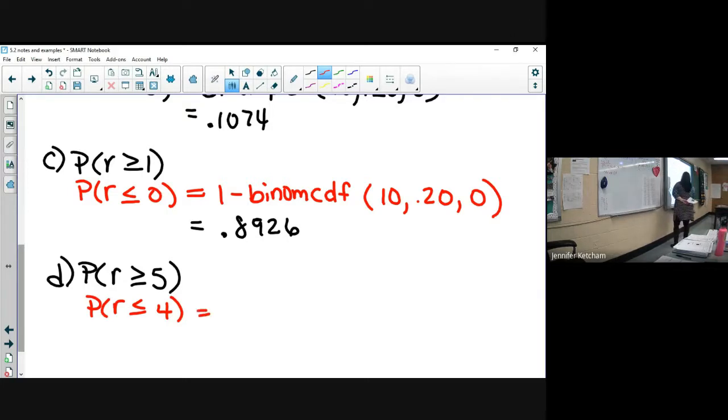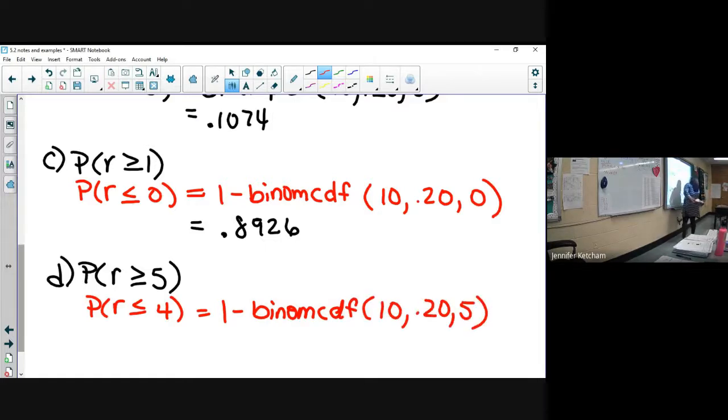Okay, so go ahead, do your 1 minus binomial CDF. Then let's find out. Yes, thank you. I had 5 on the board. I would have screwed you up.